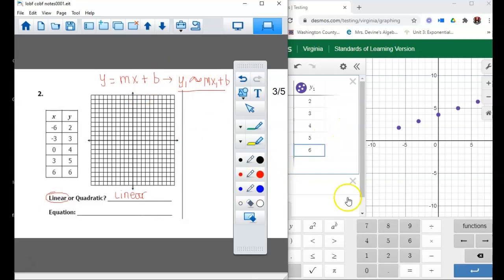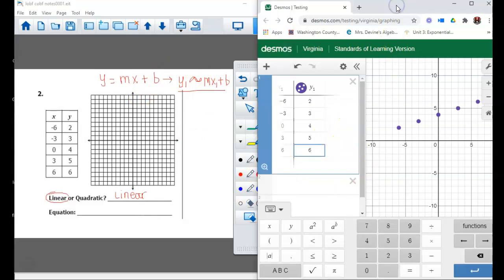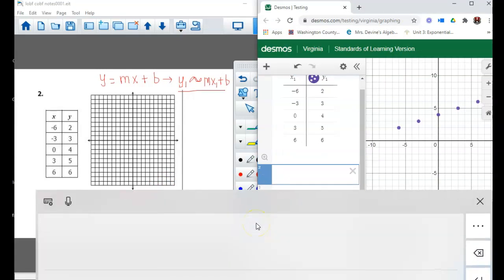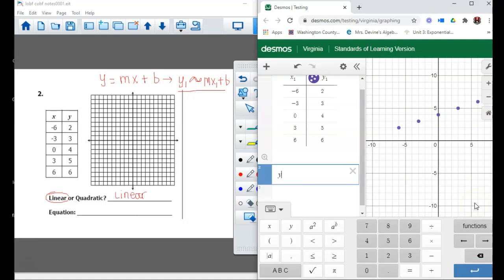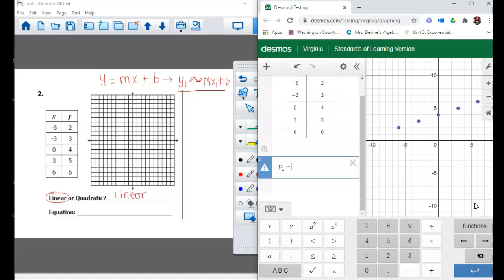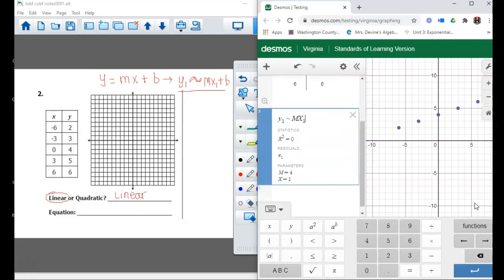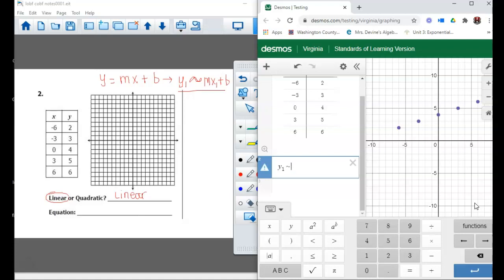So now, over to the Desmos calculator. Down here on the second line, we're going to type y1 squiggle mx1. Oh, and I didn't mean to cap lock that. mx1 plus b.